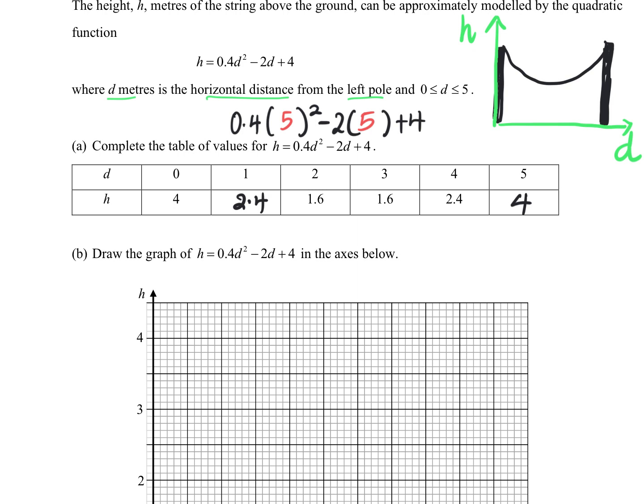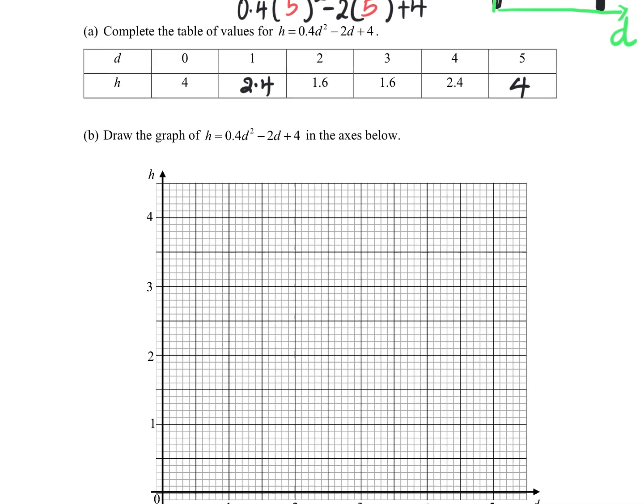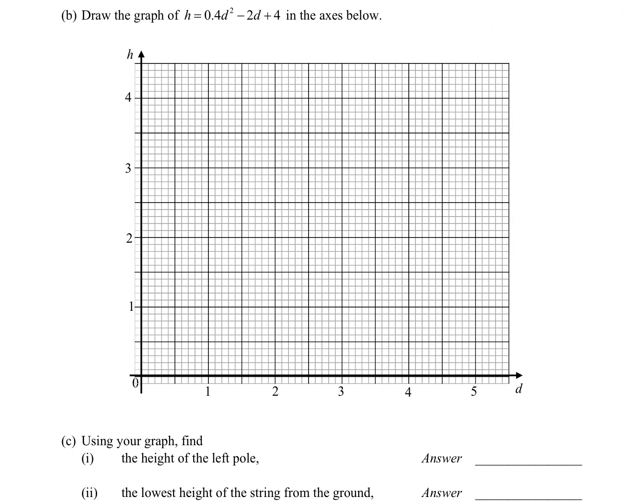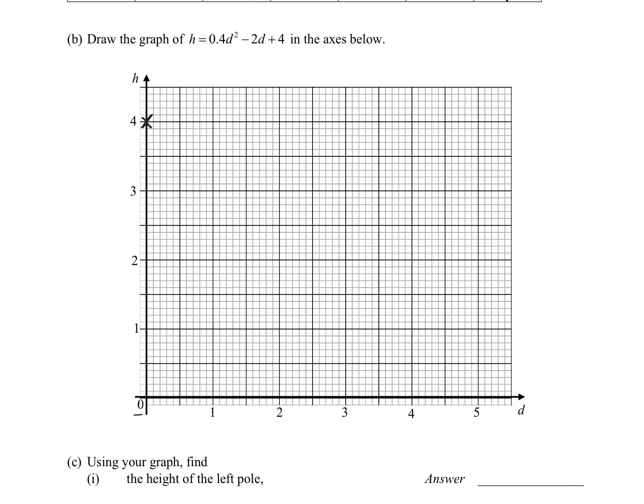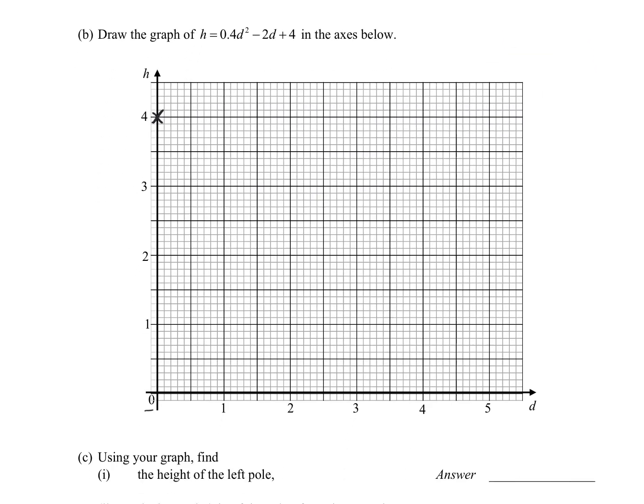So now in this case, what am I going to do? I'm going to sketch my graph, draw my graph already. The question says, draw the graph of this whole thing on the axis below. So please plot your points. 0 at level 4. Okay, next one, 1, 2.4.